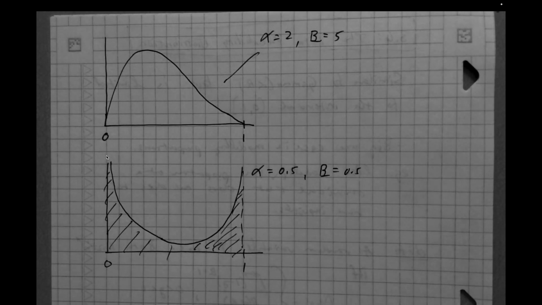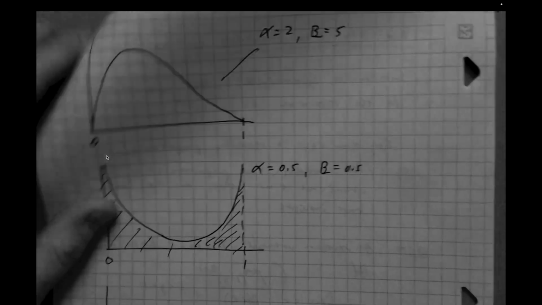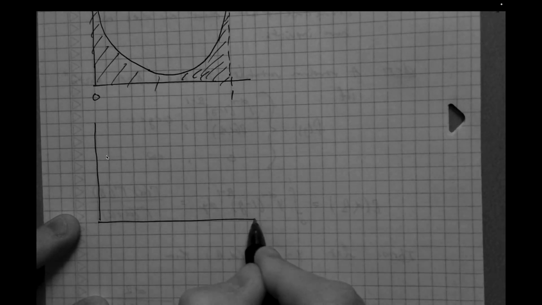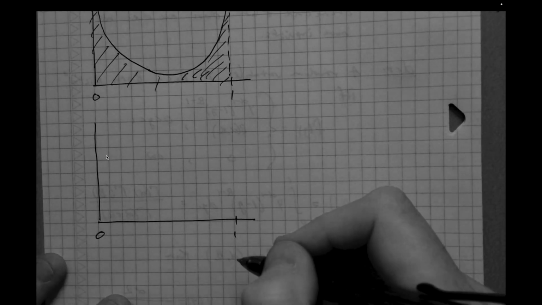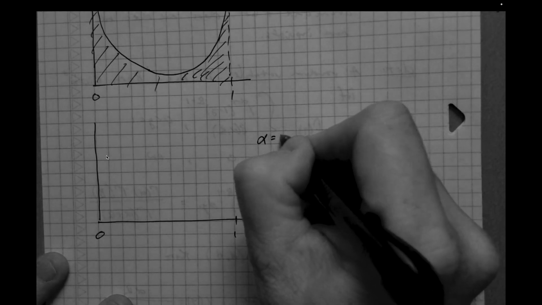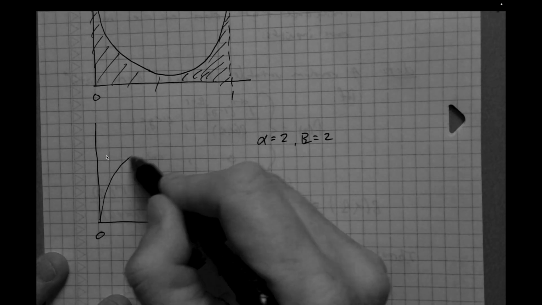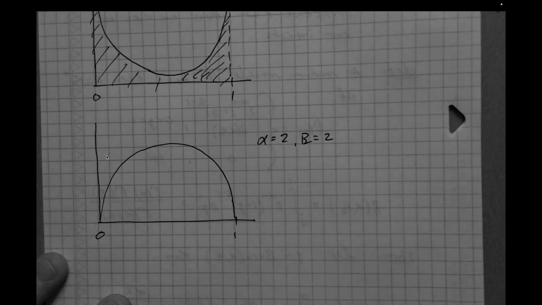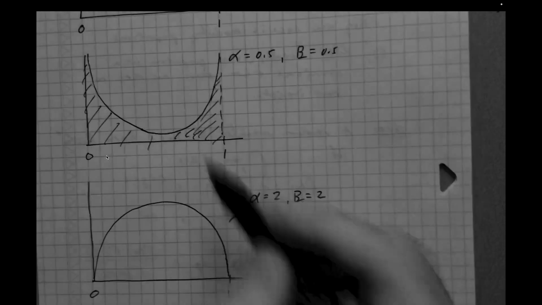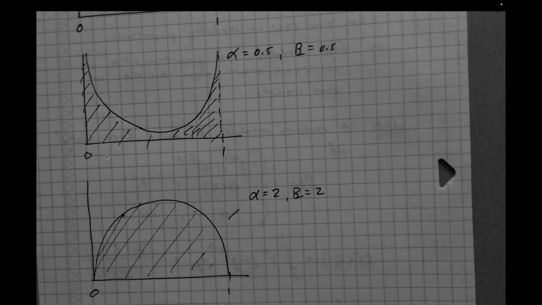So the probability density is close to 0 and close to 1, and it dwindles in between. It's a very different kind of shape. Another example: if I set my alpha equal to 2 and my beta equal to 2, then I get this perfectly symmetrical dome, so all my density has this dome shape.